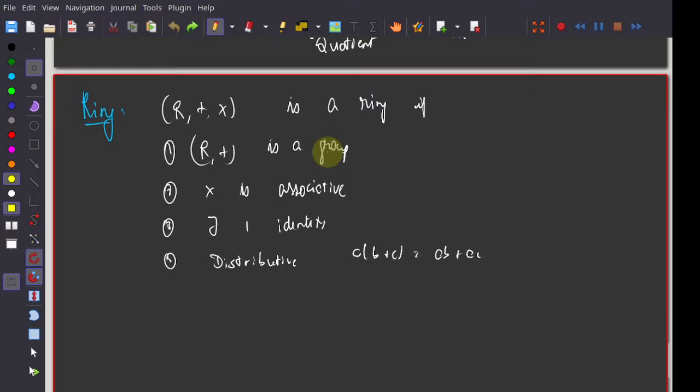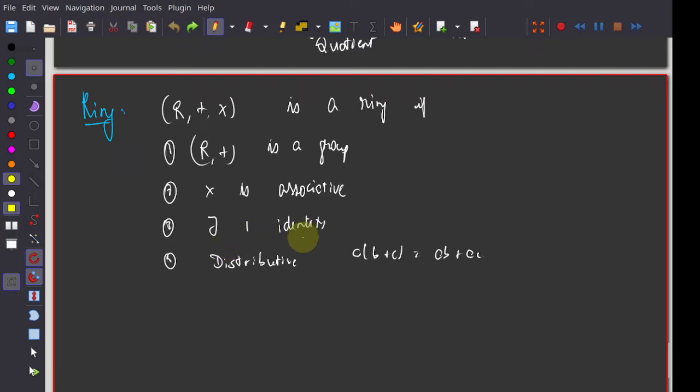So what is a ring? A ring is basically a set with two operations. It's like a field, but it doesn't have so many properties associated with it. Every field is a ring, but not every ring is a field. What are the properties that a ring has to satisfy? Firstly, under addition, it should form a group, and the multiplication operation is associative.